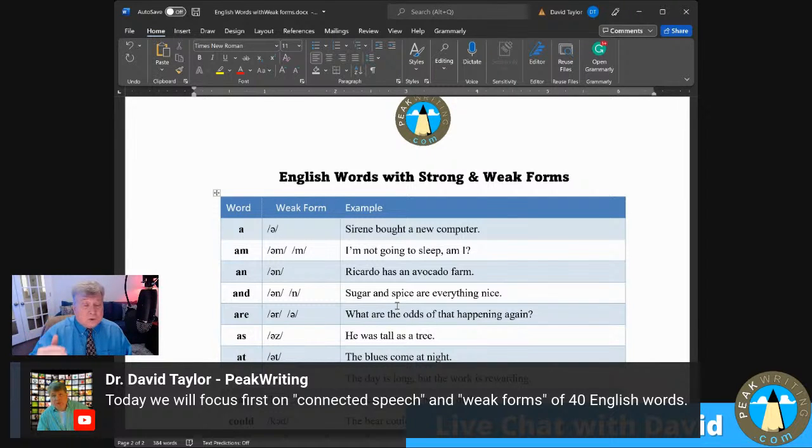From long vowels to short vowels, you're not going to find any diphthongs. These shortened words are always function words, or what we also call grammar words, and the words that have weak forms are also often connected or linked to the content words around them.